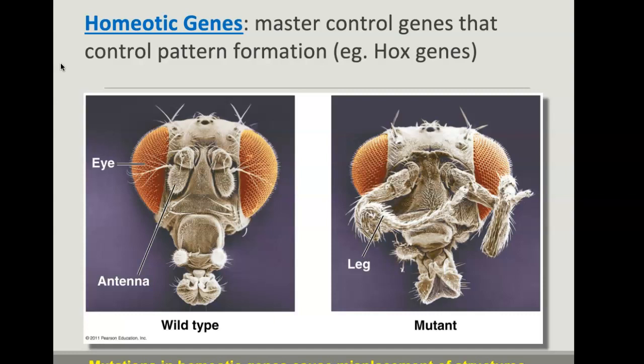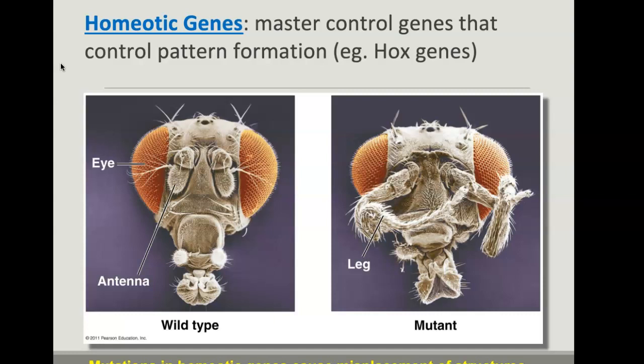So if you look at the diagram, on the left is what's considered typical or a wild type, and you can see the head of the fruit fly, the eye, the antenna. When the Hox genes or homeotic genes had a mutation, then we had body plan displacements.